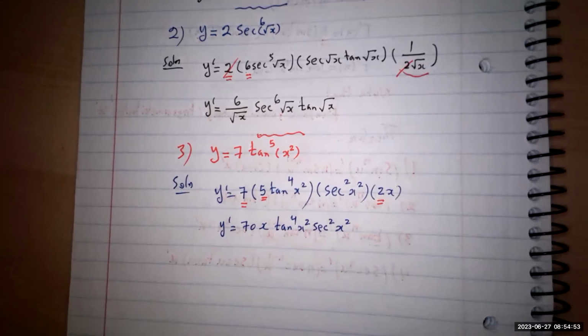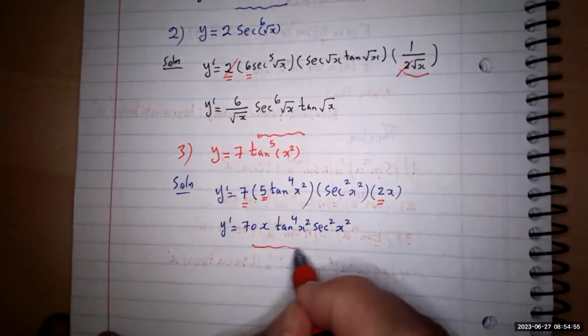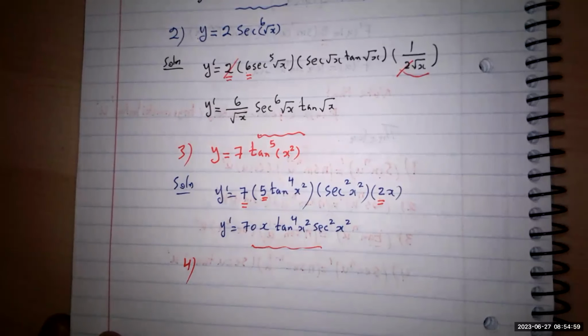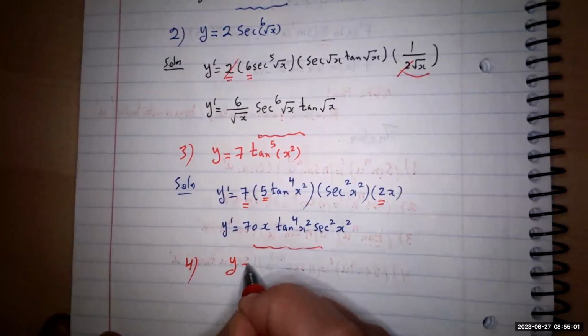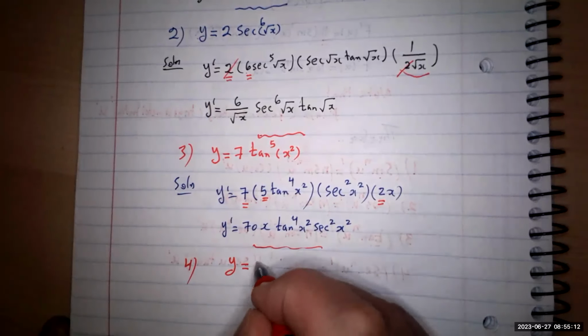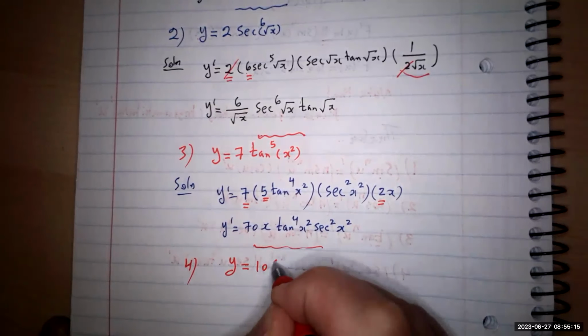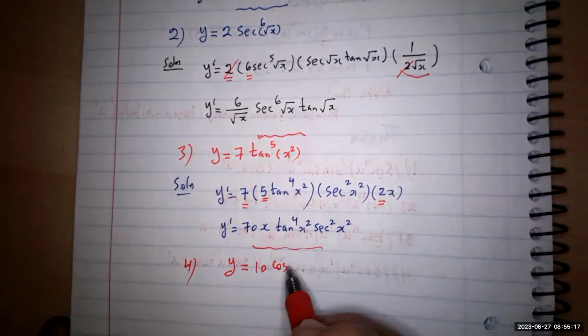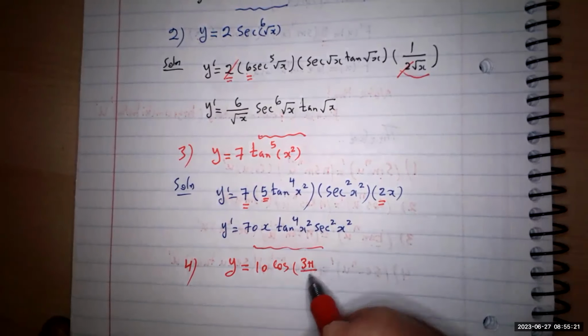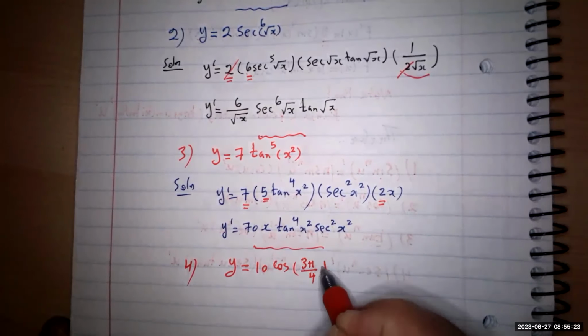Just give you one more for application problems in future. Okay, you may be given something like y equal to. Again, this is very popular, it's used. So it's going to be y equal to, let's say, 10 cosine of the 3/4 of t.